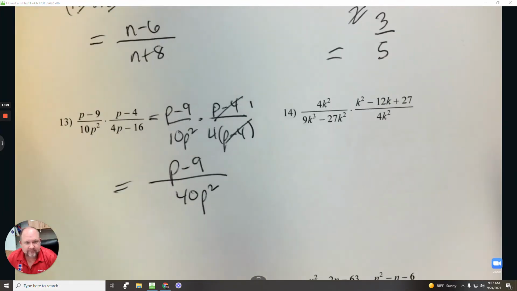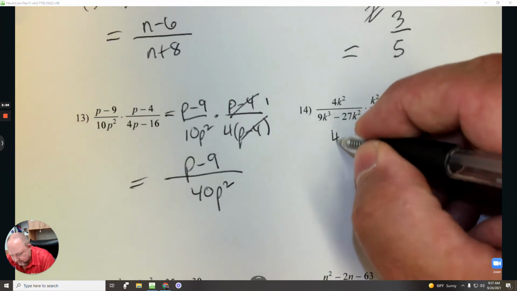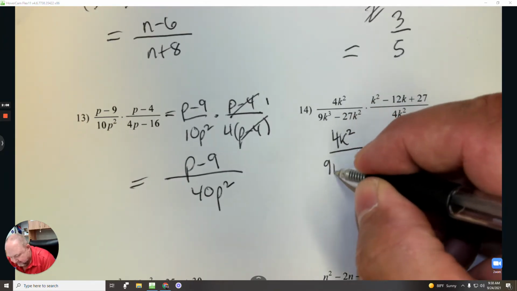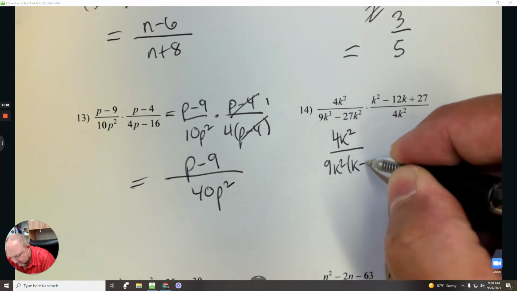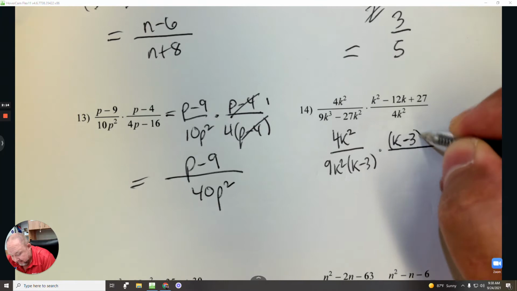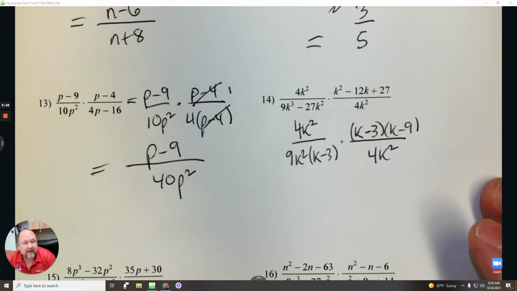Number 14. Step 1 is to factor. As always, I think you should press pause and try it first. Factor out a 9k squared. That's k subtract 3. Factor this out. It's a trinomial. It's negative 3 and negative 9. And now we start eliminating.